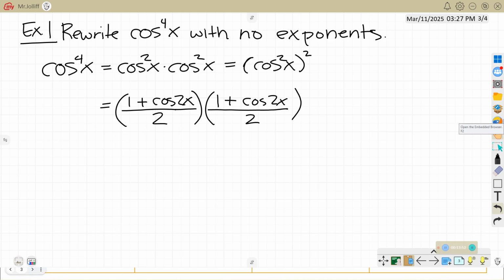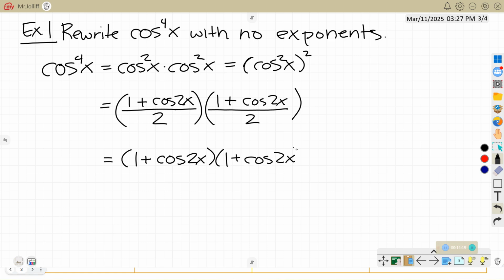All right, next is the algebra. I did the trig, I did the formula replacement. Now I'm doing algebra. When we multiply fractions, we multiply the numerators, we multiply the denominators. So my numerator is going to be 1 plus cos 2x times 1 plus cos 2x.